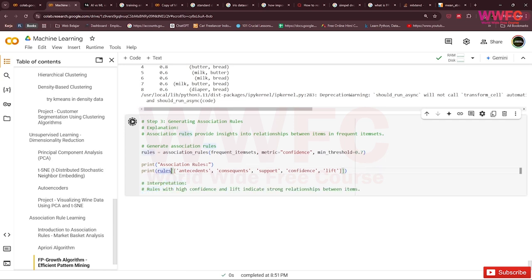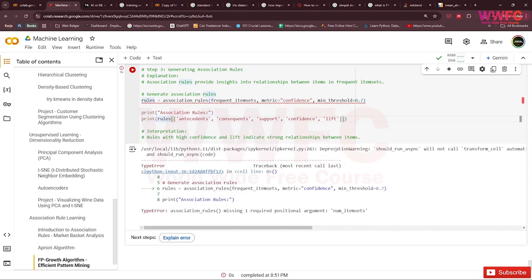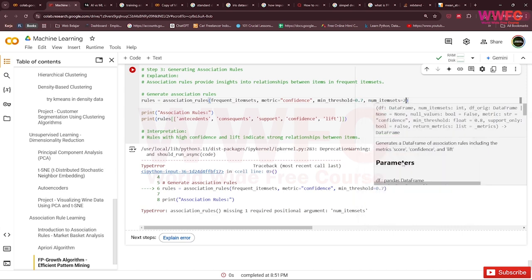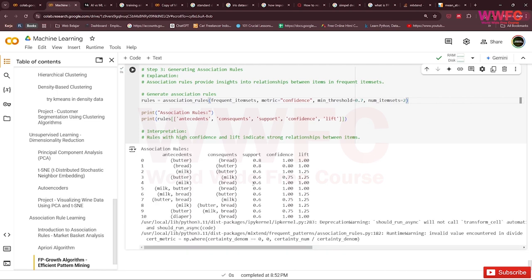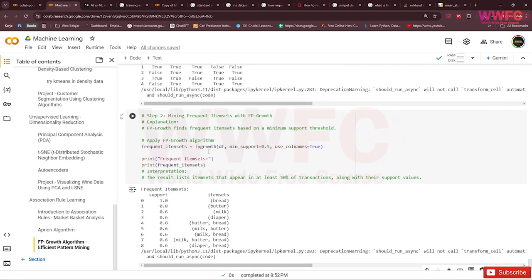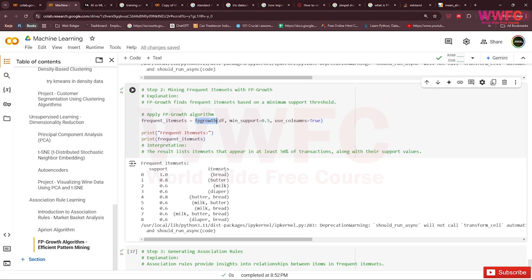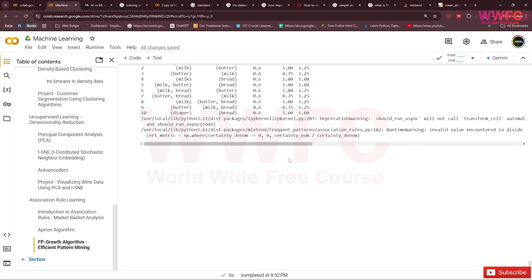So the association rules are like this, maybe the same. So it's butter and bread at 80% confidence, bread and butter, milk and butter. This is almost the same as the Apriori algorithm, but we are just using FPGrowth instead of Apriori.